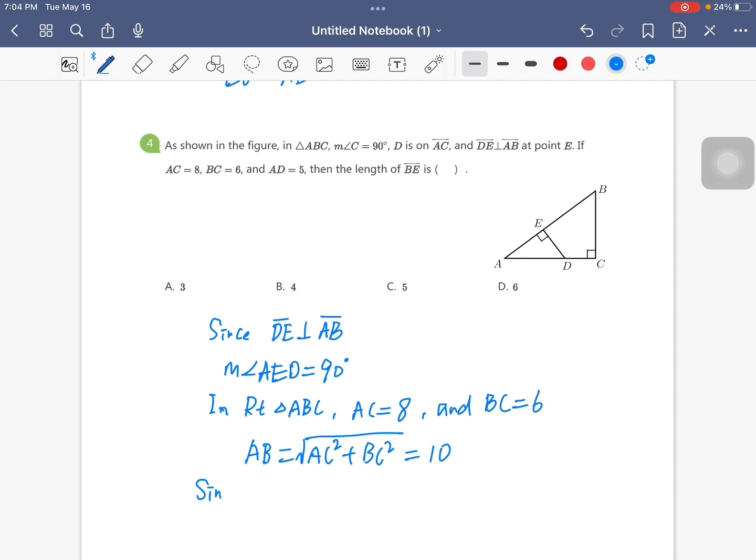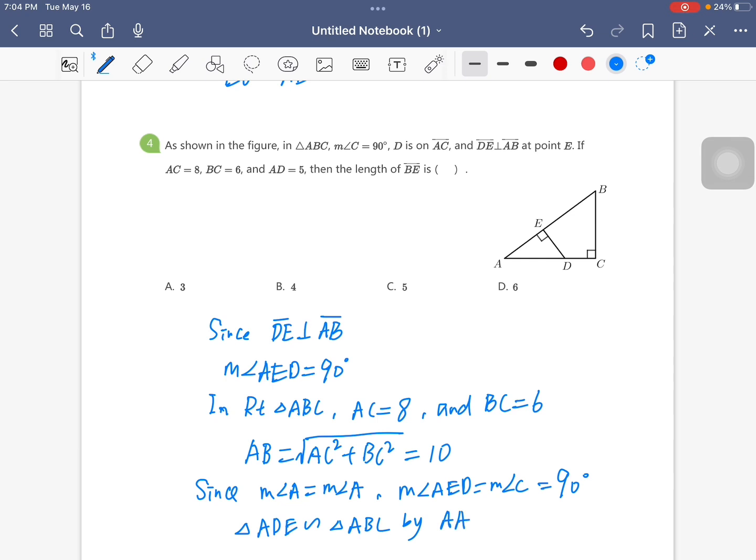And since angle A equals angle A, and angle AED equals angle C, which is 90 degrees, we know that the triangle ADE is similar to the triangle ABC by AA.